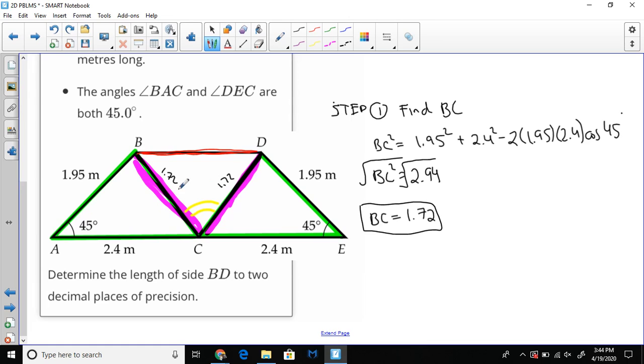And then next, how do I find this angle here? Well, I can't find it with this triangle, but in the green ones, I can figure out this angle, and then that one is the same angle.